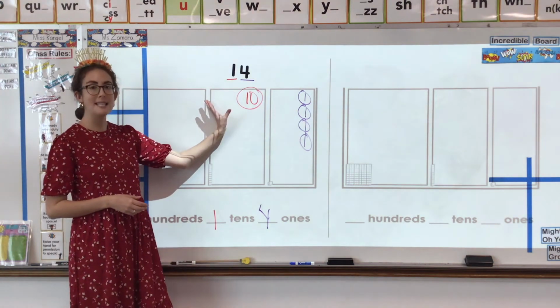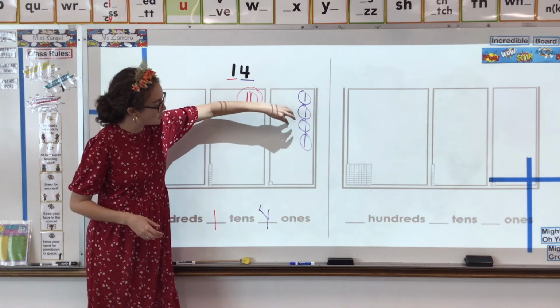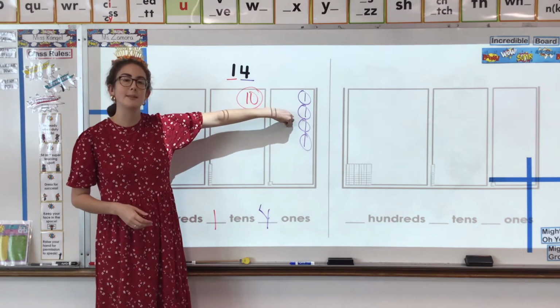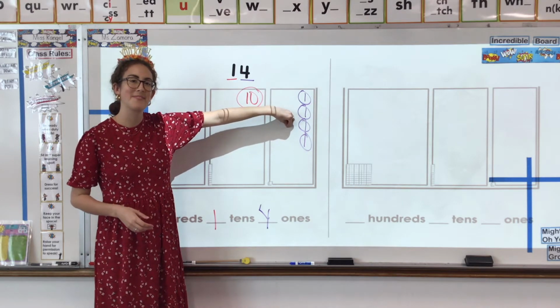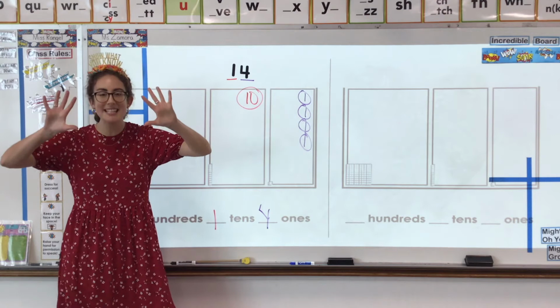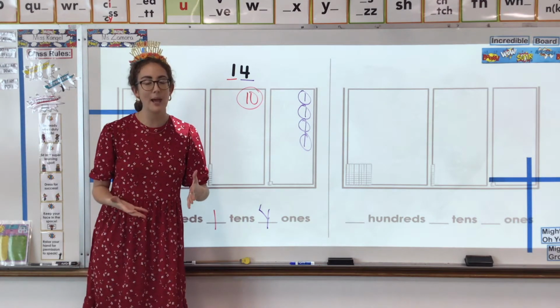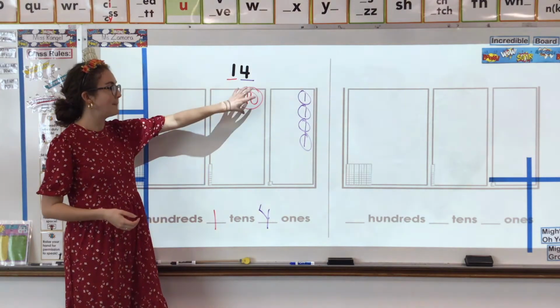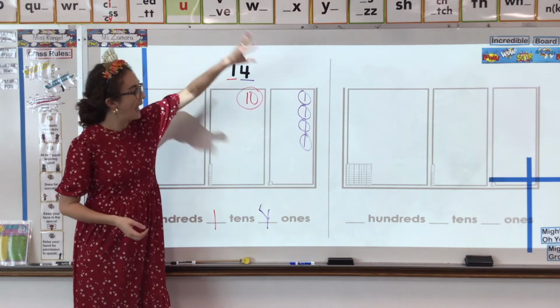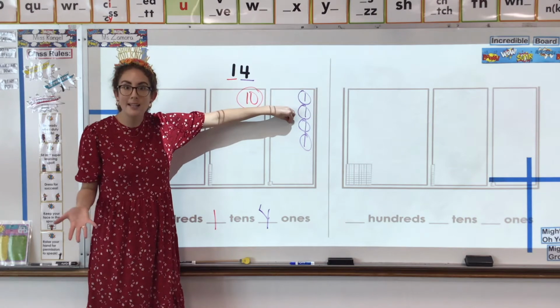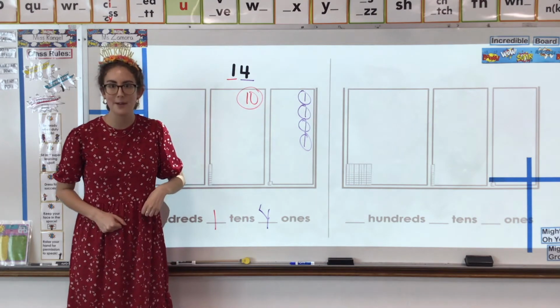If we have 1 ten, it's equal to how many ones? 10 ones, exactly, 10 ones. This could be another way we show this number, by taking 1 ten and drawing it in ones, just ones instead.